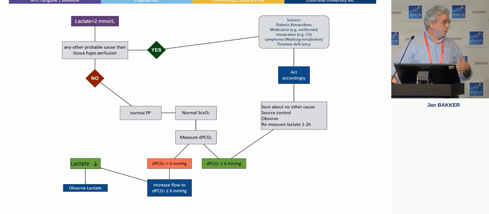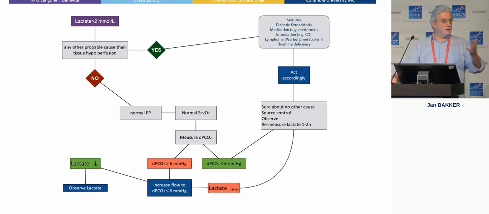And then you wait and see, because now everything is normal. If nothing happens and lactate doesn't change, then again, rethink. Did I make the right diagnosis? Did I have the right idea? And if you think, I cannot think of anything else, then remeasure in 1 or 2 hours and see if the change in lactate took more time than you thought.